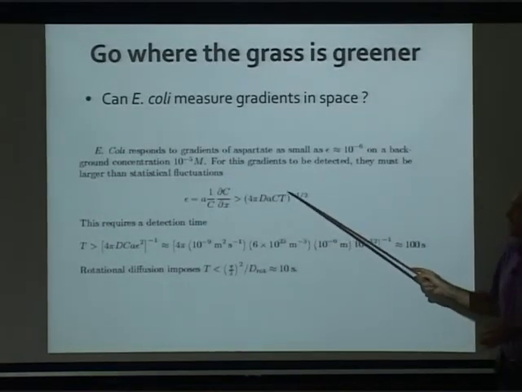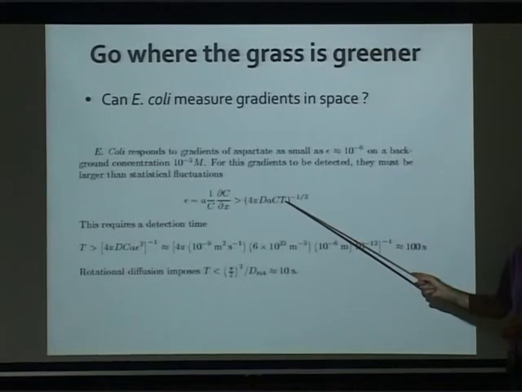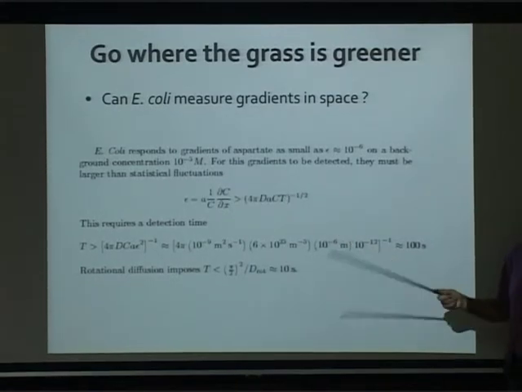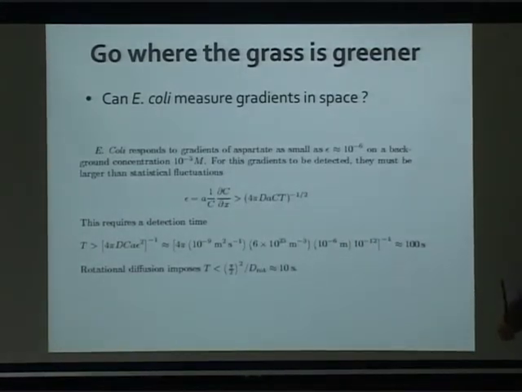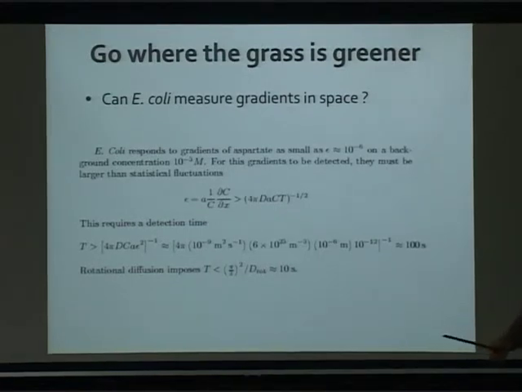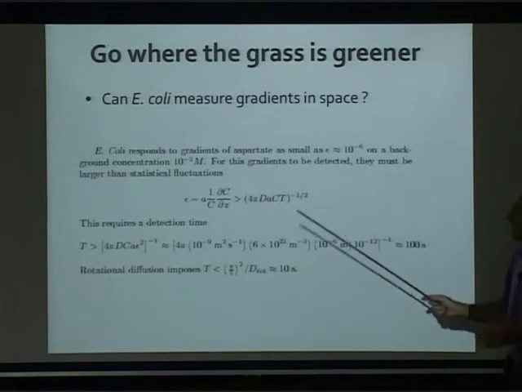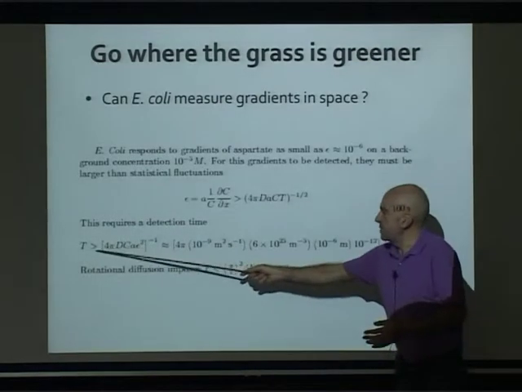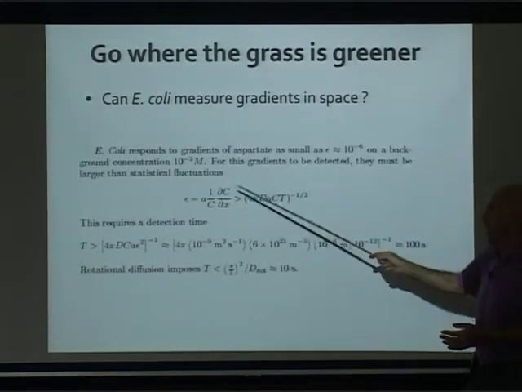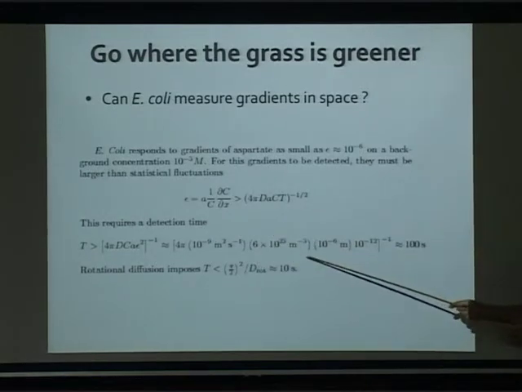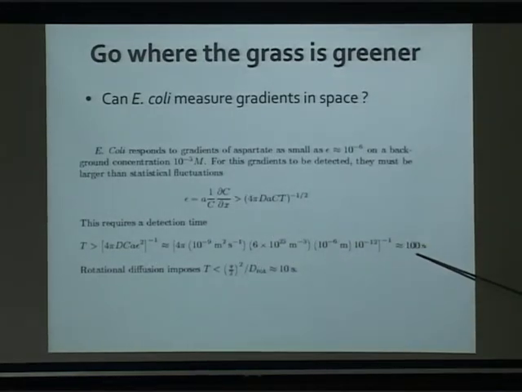This is a constraint on the measuring time, right? Because, again, if you measure long enough, that will be okay. Enough time is enough to get an arbitrary precision. So the time must be larger than, you just unwrap this formula, replace all the numbers, and then you get 100 seconds.